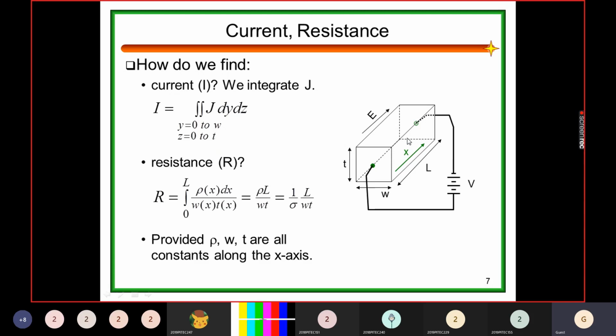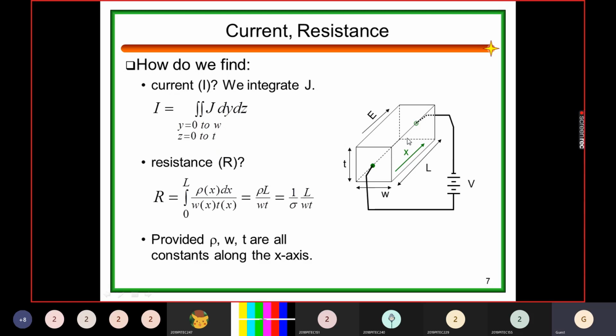Conductivity will be integrated with respect to x and divided by width of the particular material and time period of the particular material. So automatically we will be getting the final formula for resistance as L divided by sigma WT.